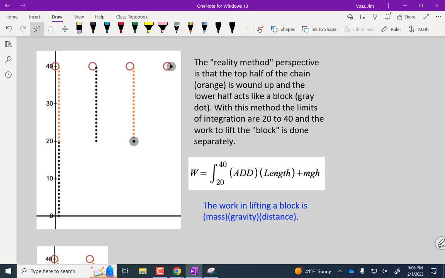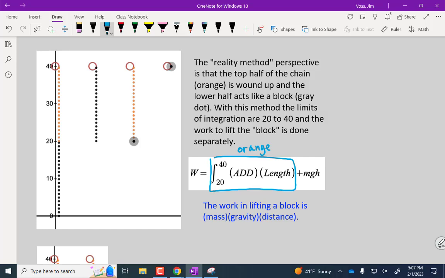We're going to treat it as two separate problems. We can imagine winding up the links from 20 to 40 in length. This part right here is the orange. That's in reality what's happening.